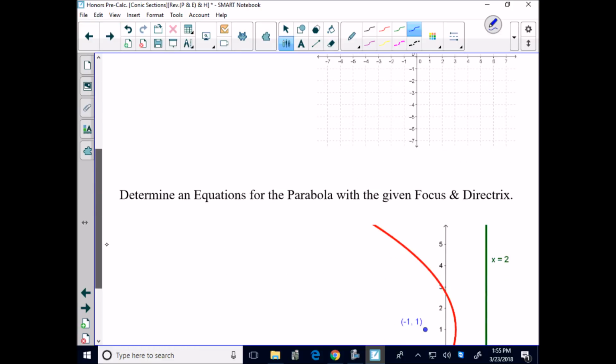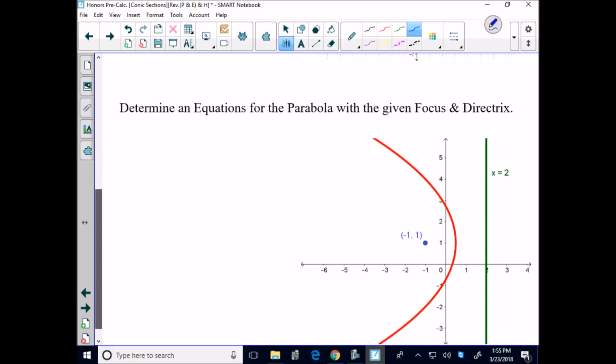On the second problem, I'm asking you to look at the graph of the parabola as a conic on the xy axis with the given focus and directrix, and come up with an equation for that parabola as a conic section on the xy axis, right?